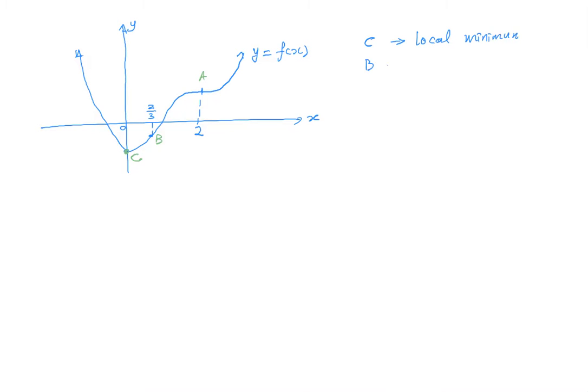B is non-horizontal inflection point. And A is horizontal inflection point.